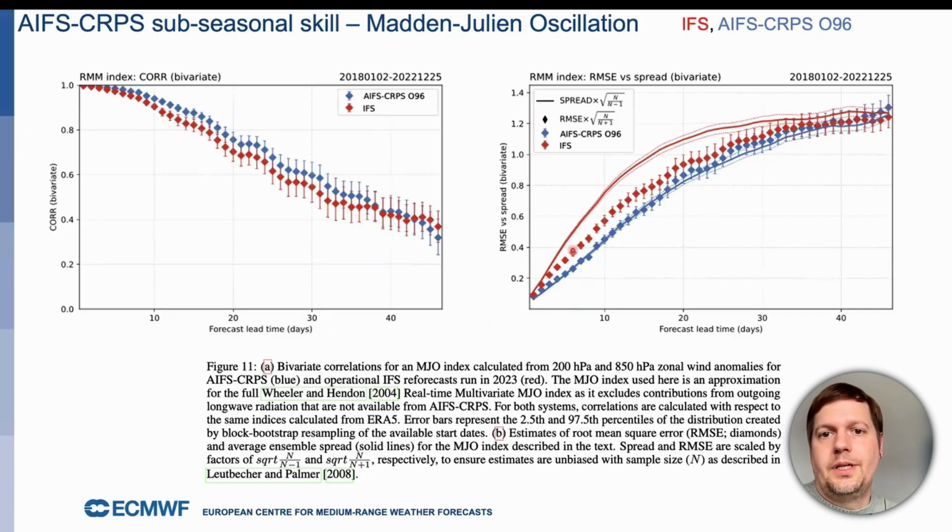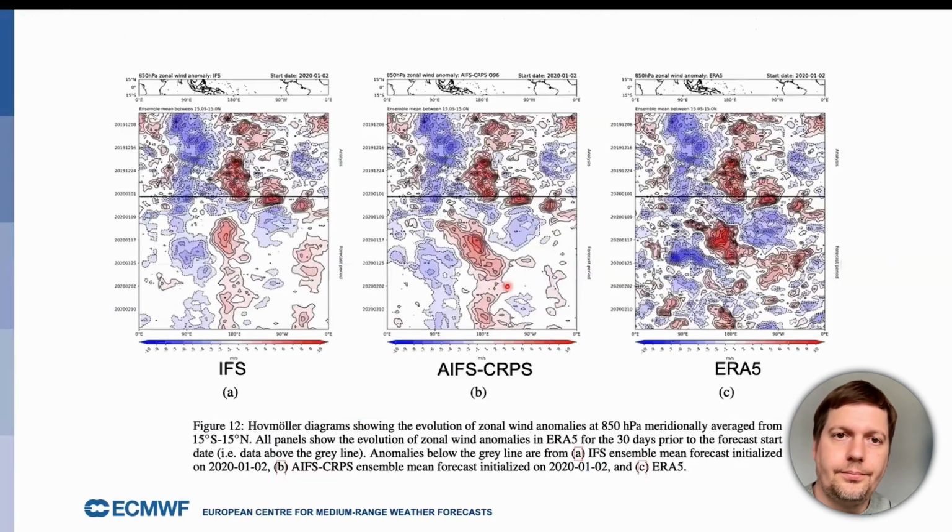Here we have a spread-error diagram as well. Interestingly, the spread and error of the AIFS ensemble also seem quite well balanced. This is another visualization of this: Hovmöller diagrams.